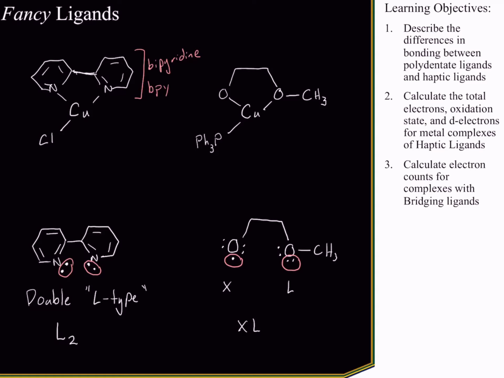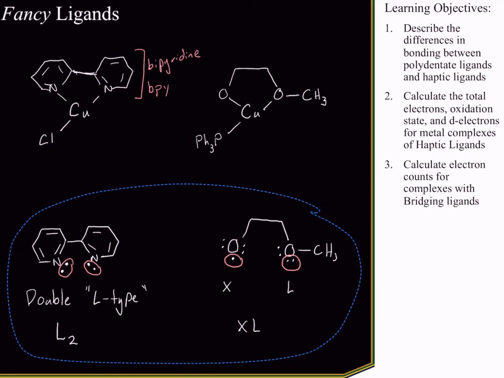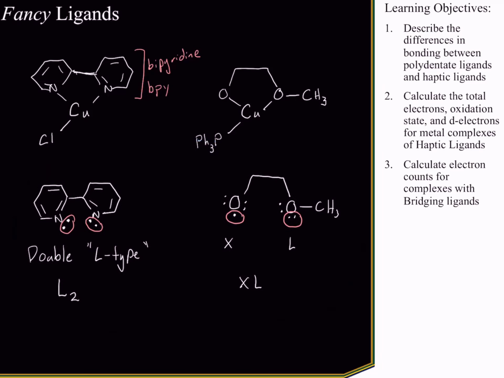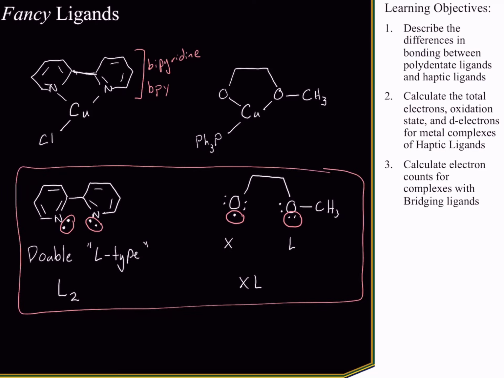And so this actually has a special name. If something has multiple bonding sites, I'm just going to move these up so they're a little bit out of the way. Maybe I'll put a frame around them so we know that they are separate. So when a molecule or a ligand has multiple bonding sites, we call that a polydentate ligand.